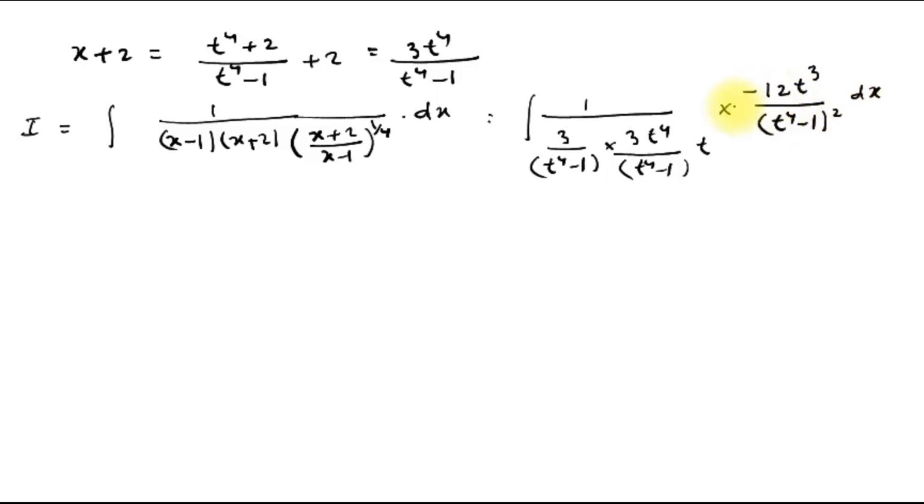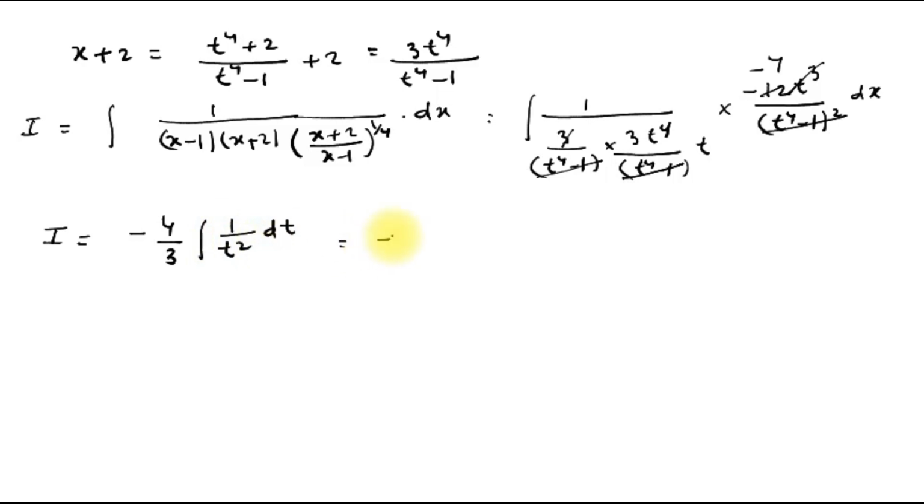Now we have to simplify this. The (t⁴ minus 1) terms cancel out here, and t³ cancels with t⁴, leaving t to the power 3 minus 4. So overall the integration can be written as I is equal to minus 4 over 3 integration of 1 over t squared dt.